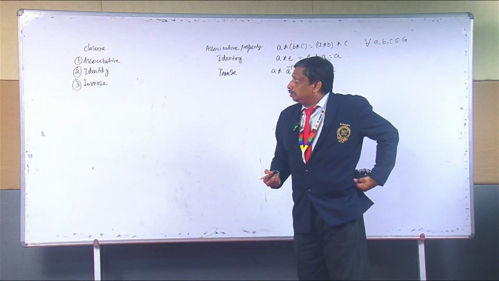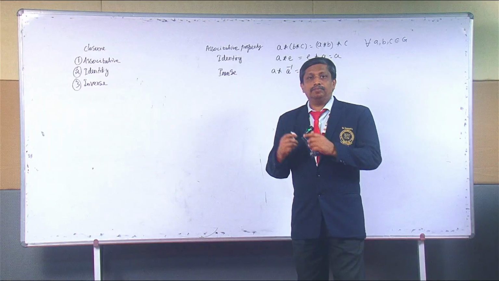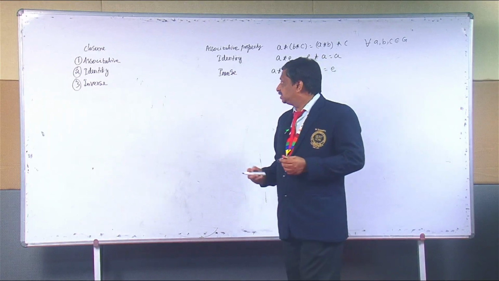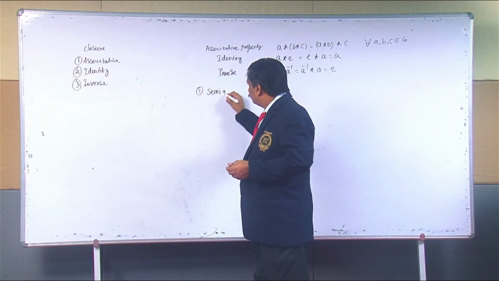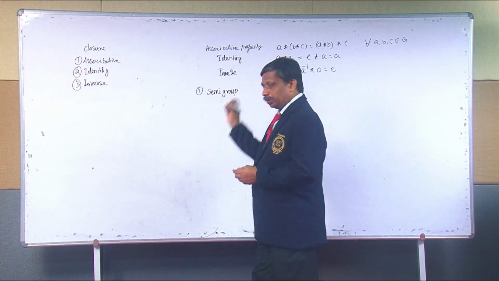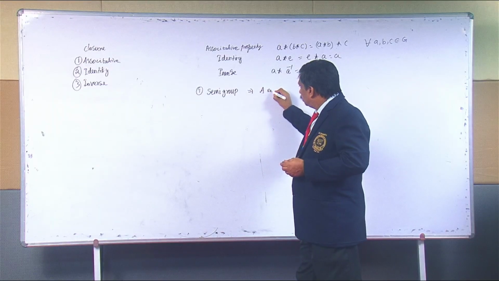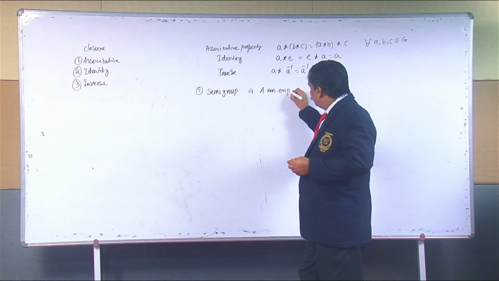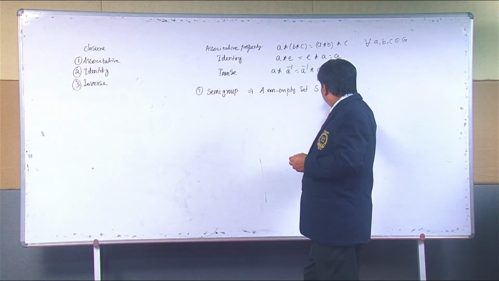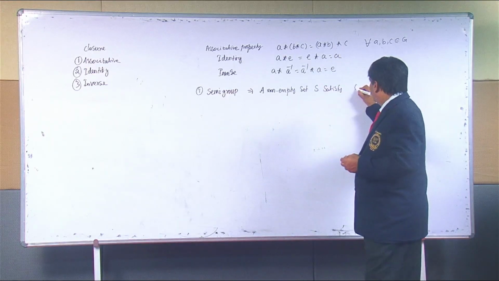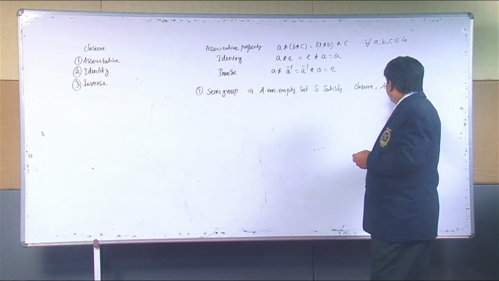Based upon the closure, associative and identity properties, we can define some concepts. One is semi-group. What is a semi-group? A semi-group is nothing but a non-empty set which satisfies closure and associative.